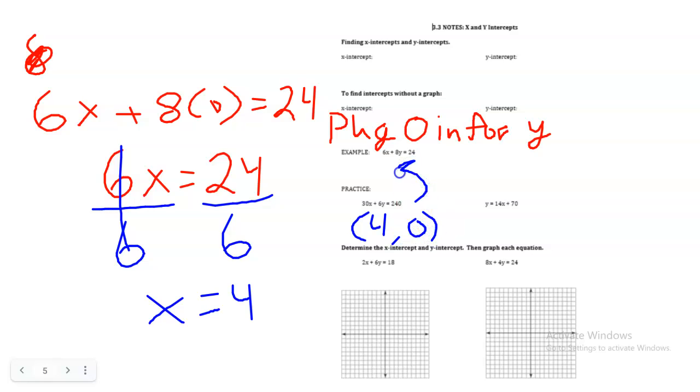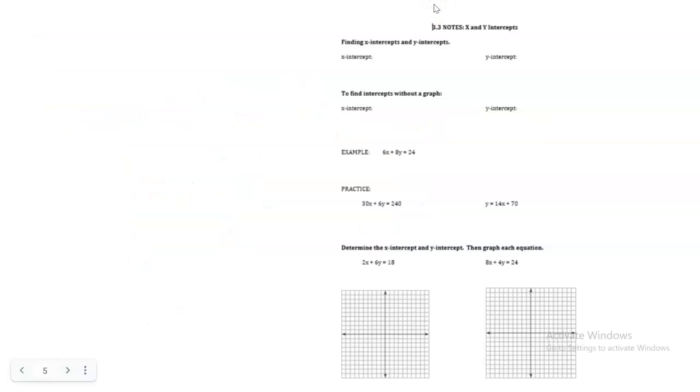Oh, that x goes up here. So that's how I find my x-intercept. So to find your y-intercept, you plug 0 in for x and solve for y. To find your x-intercept, you plug 0 in for y and solve for x.